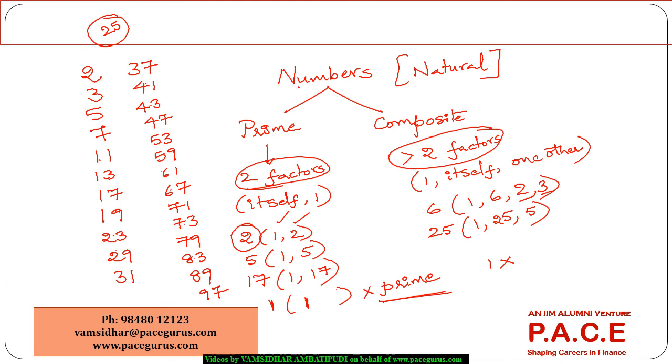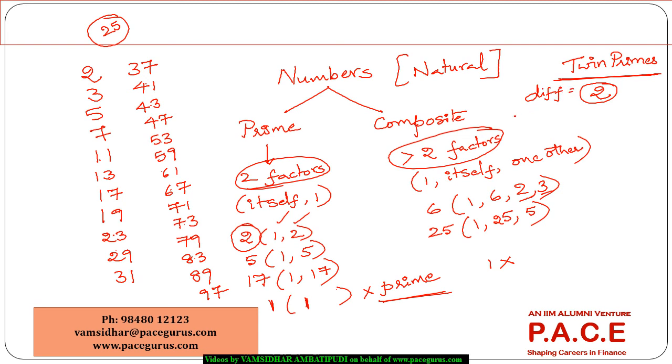Then here are a few more important points to talk about. There is something called twin primes. Twin primes are those prime numbers which are separated by a distance of 2 units. So the difference is 2.